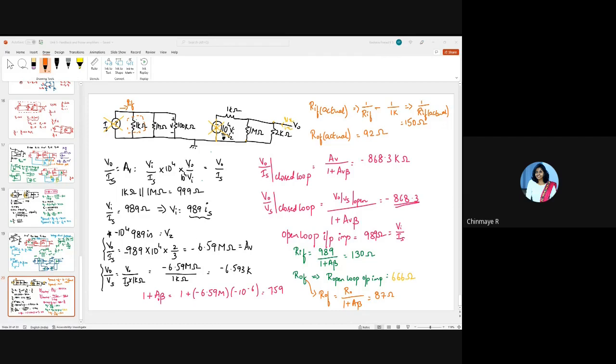But now this RIF and ROF include the source resistance as well as the load resistance. Now our next job is to remove this parallel combination of the source and the load resistors, right? So we removed it and then we got the actual closed loop input and output impedances. So that's all we have done in this problem.